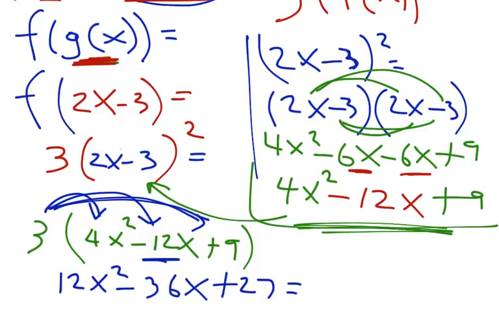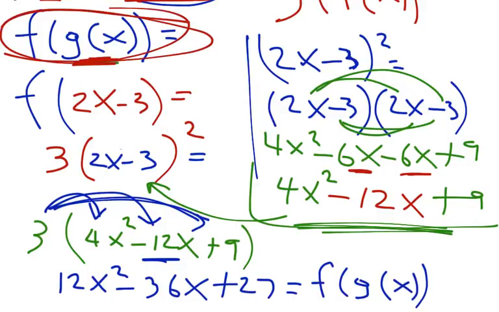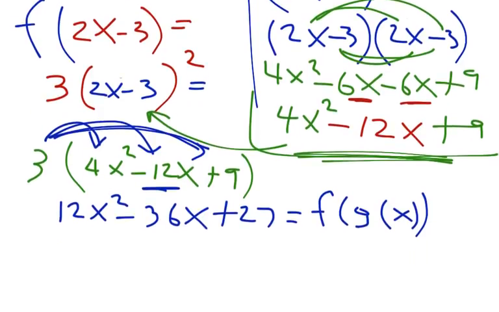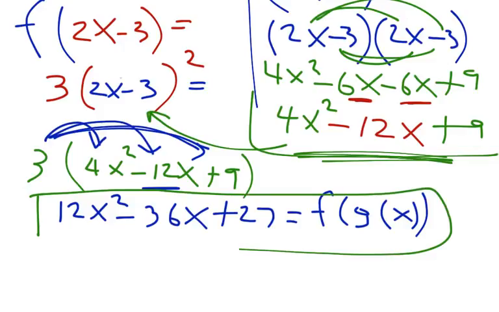So that's going to be your f of g of x, which is where we started. Now, if I ask you what's your domain for this function, there's nothing dividing here.